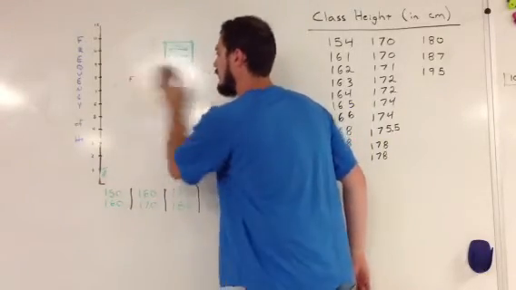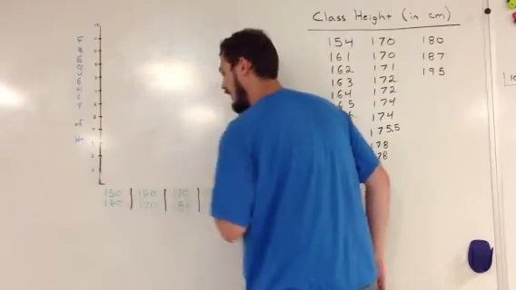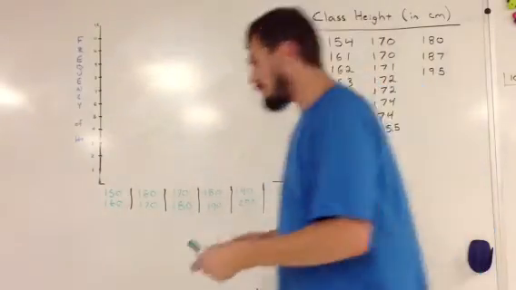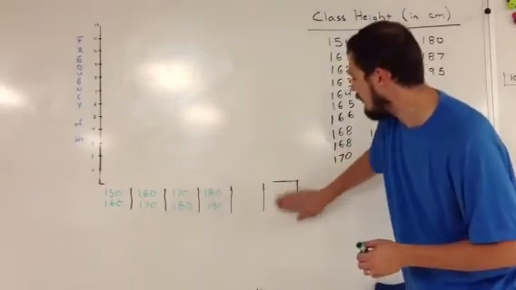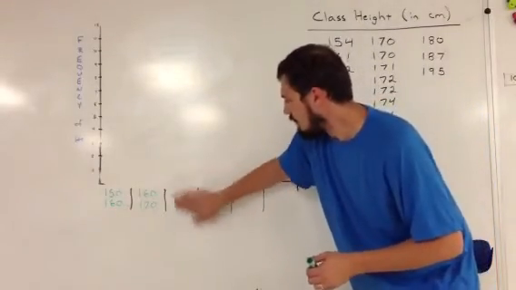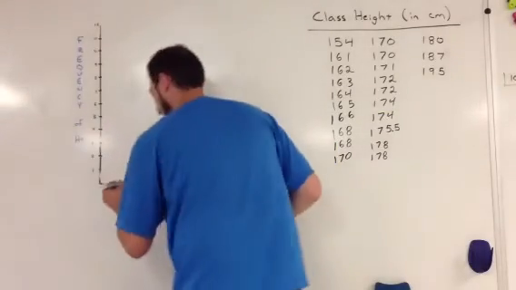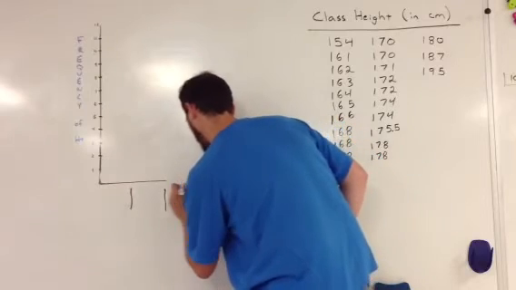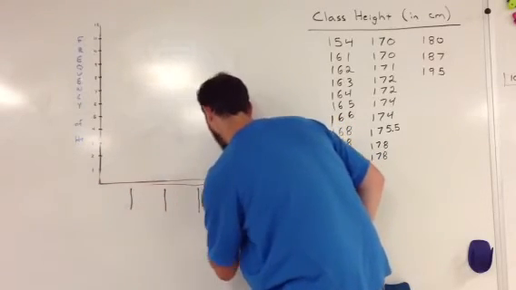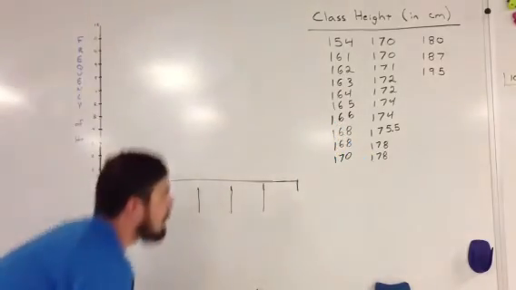Oh, I'm erasing my axis. All right, so with 10 centimeters, it gave us a nice spread. Now let's see what happens if we do 8 centimeters instead of 10. So in this one, we're going to be going up every 8.